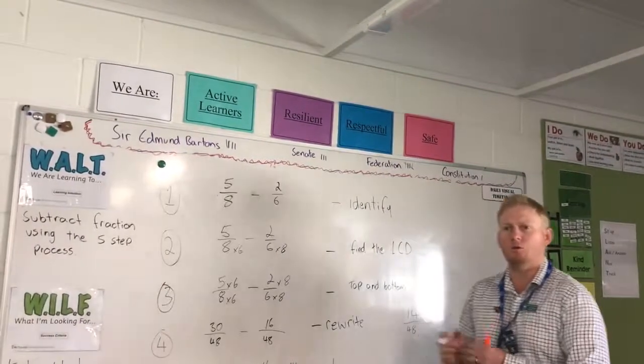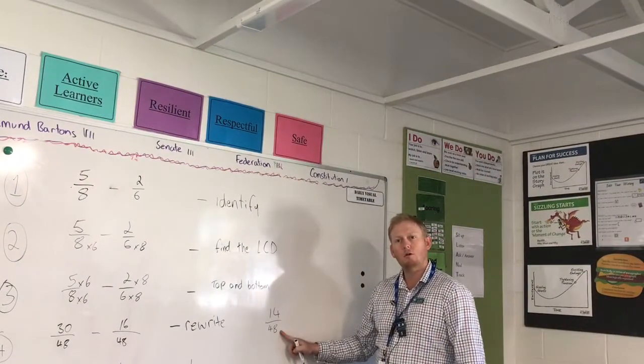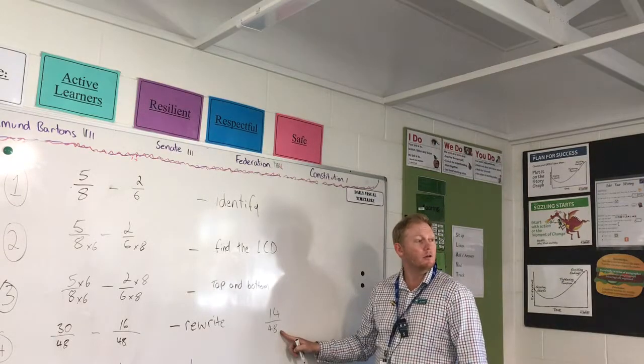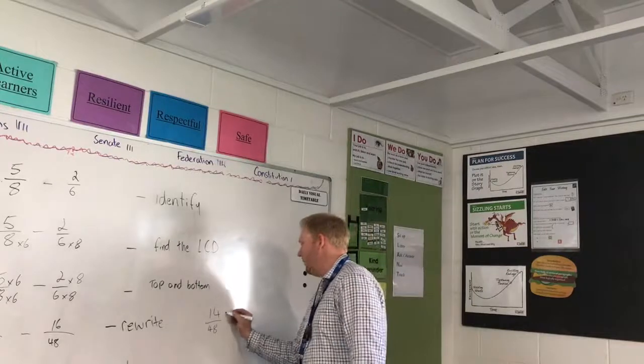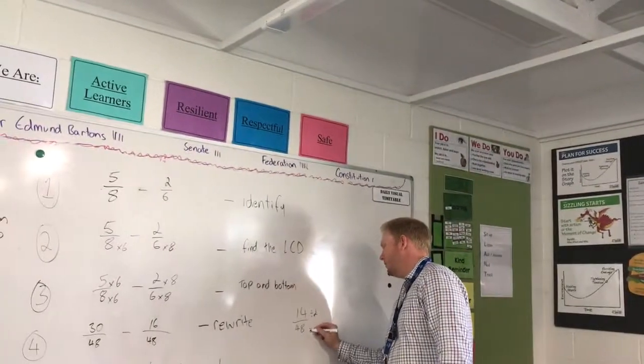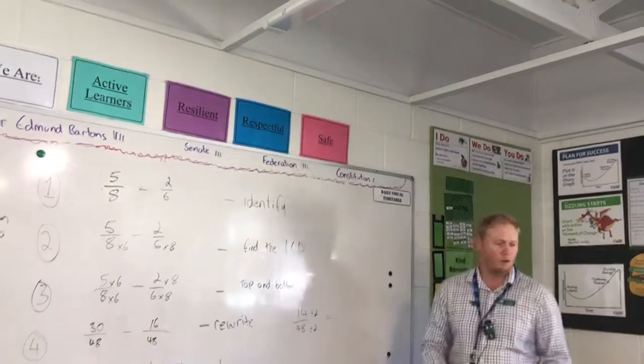Use our divisibility rules. Have a think about it. Yes, 2, because they're both even numbers. So if we have both even numbers, divide by 2, divide by 2.